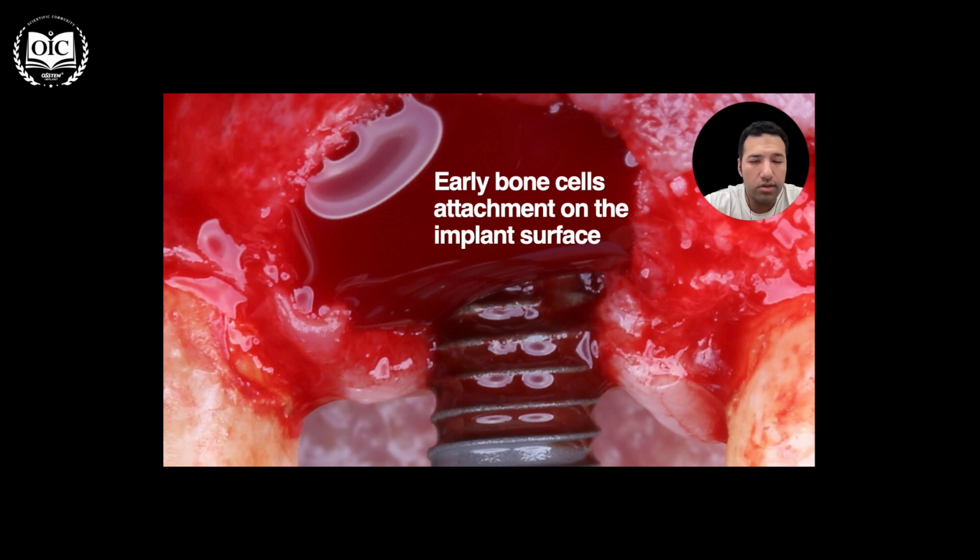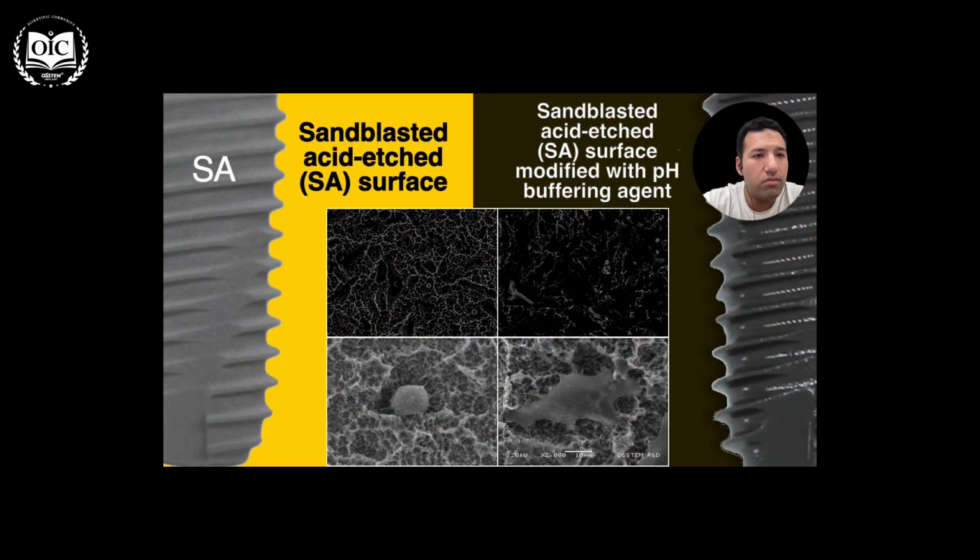And actually, this is a combination of many techniques, using micro roughness techniques to increase the roughness of the surface, and acid buffer techniques. It's like a liquid that the implant stays inside to improve the wettability of the surface of the implant, and when placed in the patient's bone, aids in how many cells are going to attach on the implant surface.